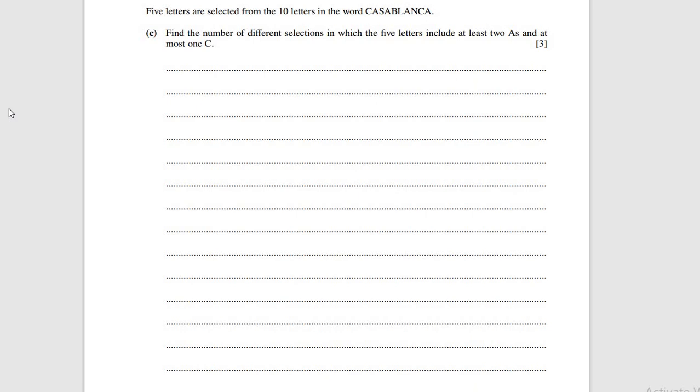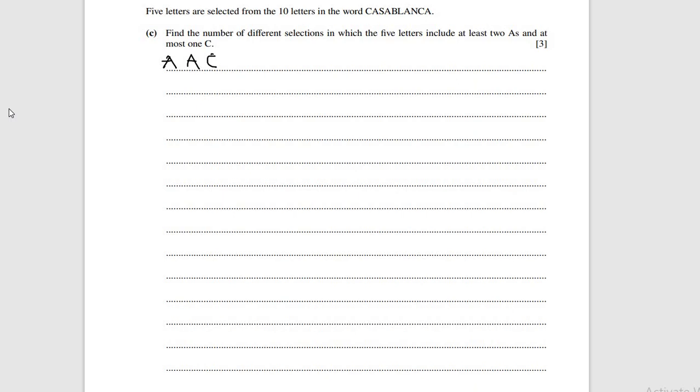Find the number of different selections in which the 5 letters include at least 2 A's and at most 1 C. It must include at least 2 A's.